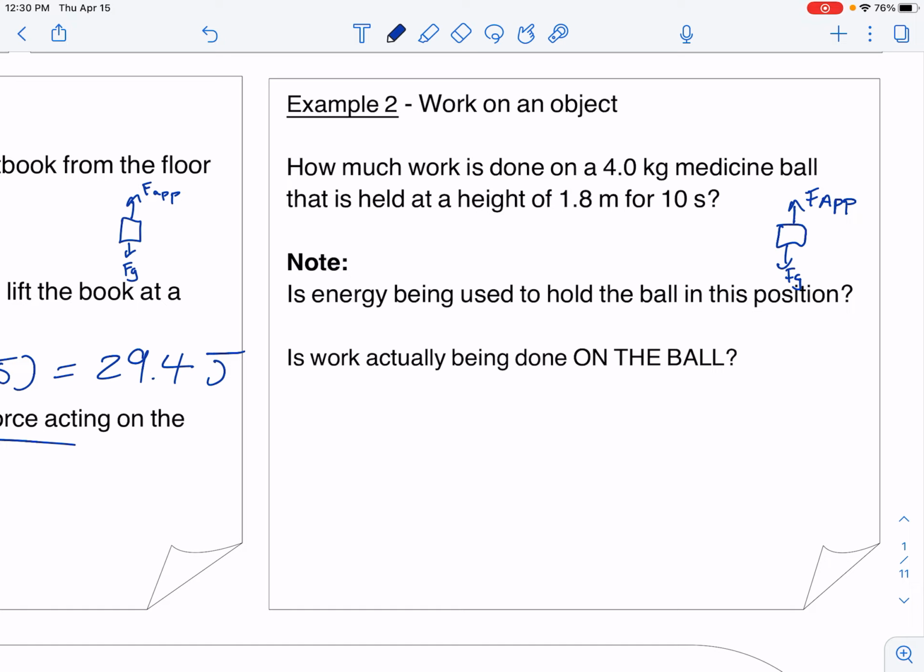So is energy being used? Yes, you are physically using energy. Is work being done on the ball? No, because in this case the distance is 0. When we plug this into our formula, if we have 0 within our equation, then the work is 0.